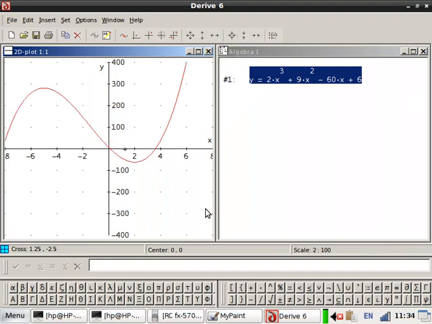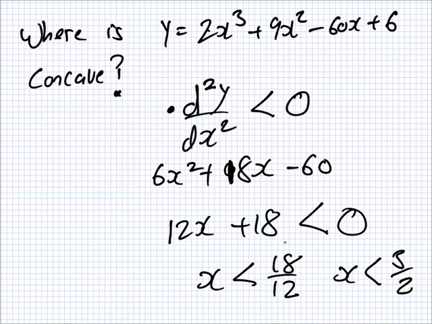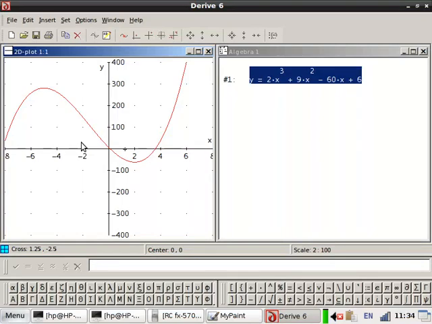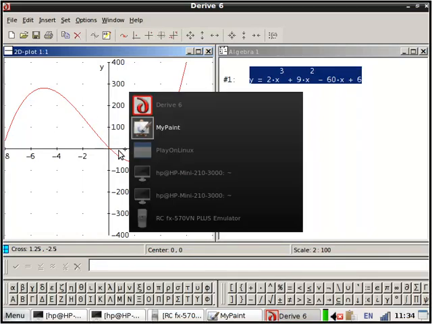Now, have a look at this graph. Focus. What answer did we get? Minus 3 over 2. Here is concave and here is convex. Where's minus 3 over 2?